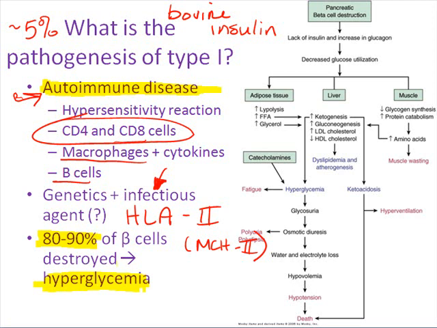Okay, now just so you know over here, if you were interested, I wanted to show you the sequelae, that means the sequence of events that occur as a result of destruction of the beta cells in the pancreas. Obviously, when the beta cells become destroyed, I'm not making insulin anymore, so my sugar levels in the blood climb, and I also find out that most of the cells in my body are now not able to access that glucose.